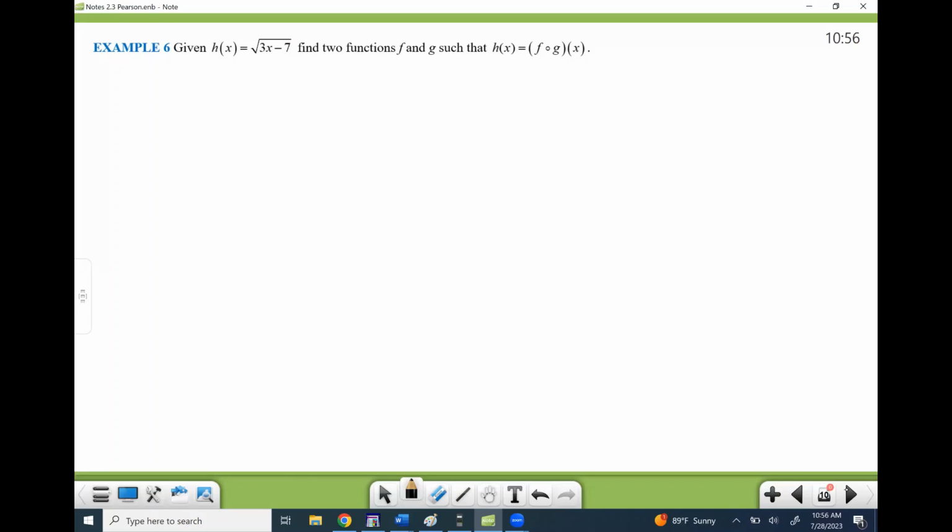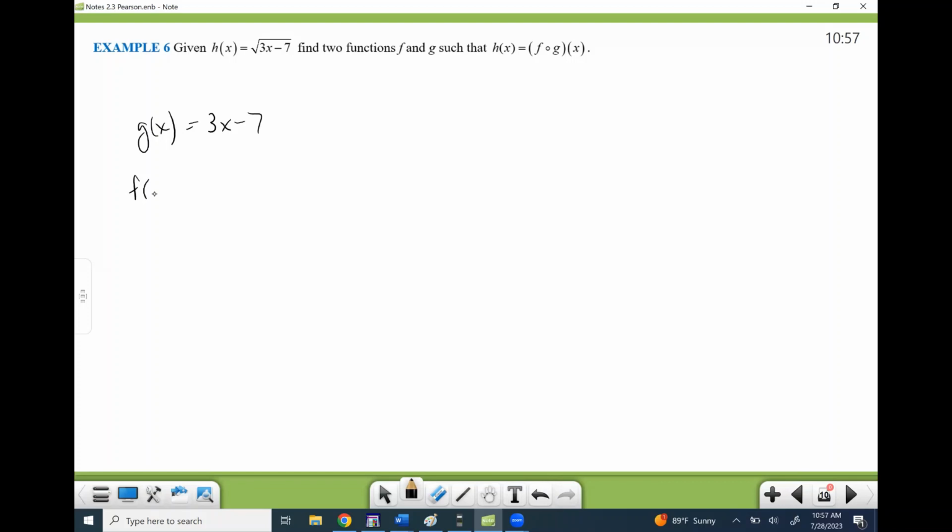All right. So first of all, I'm noticing that the inner function, the thing that is inside, looks like 3x minus 7. And the inner function would be g with the way that this is written. So I would let g of x be 3x minus 7.